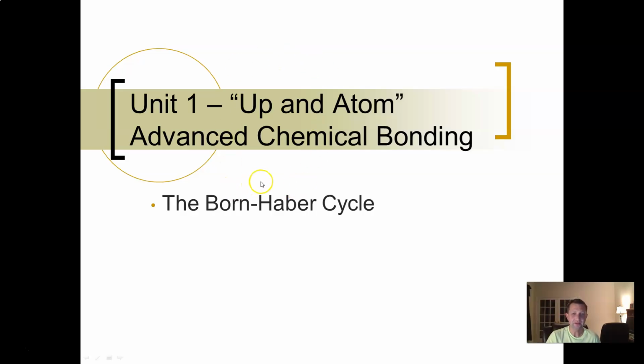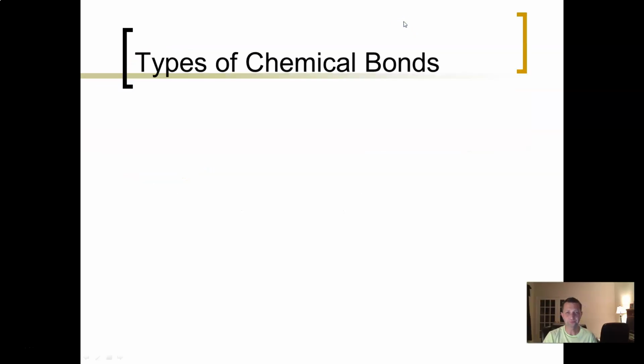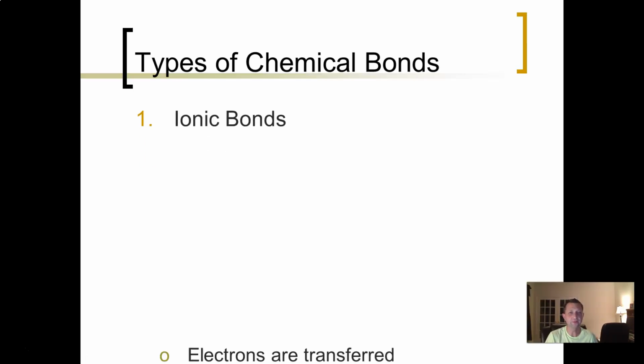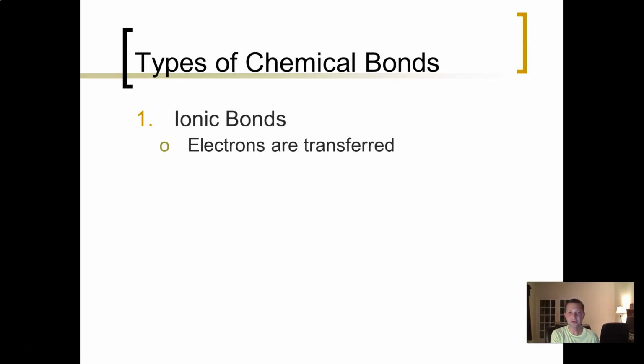So let's get right into it here, and we'll start with a quick review of what ionic bonding is all about. So, types of chemical bonds that we have. Ionic, one of them, right? Electrons are transferred. We talked about this back in Chem 1. You have electrons being completely transferred from one atom to another.